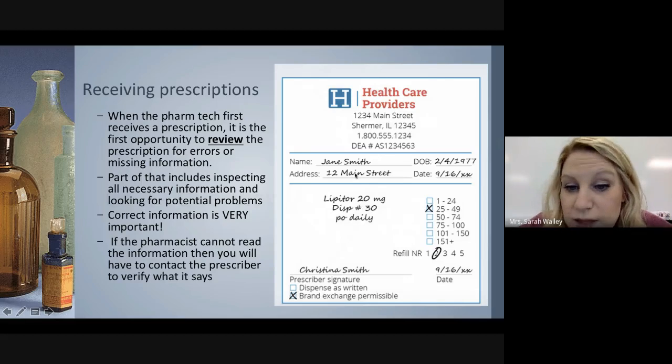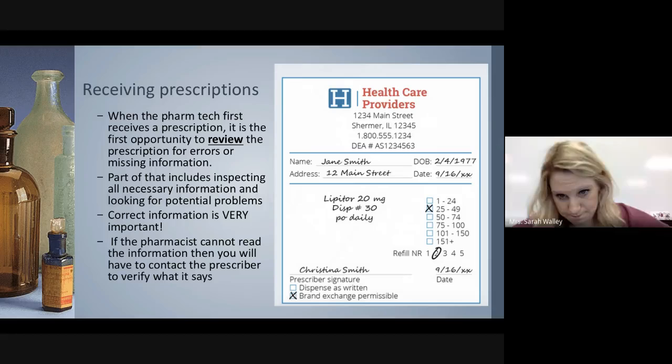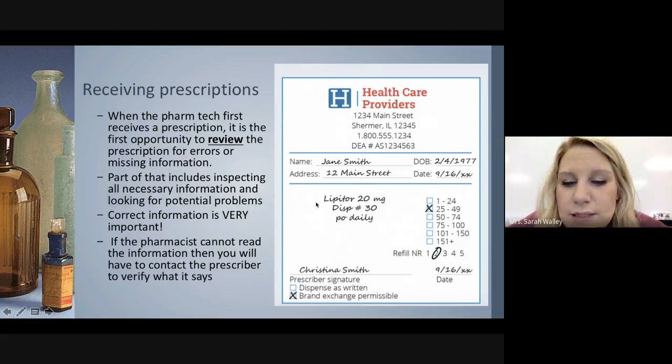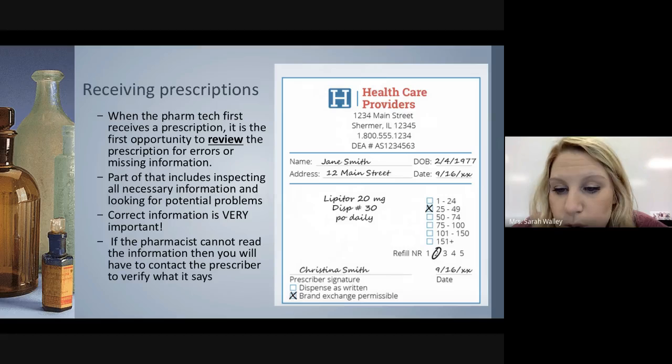Then this is the patient's name, the patient's date of birth, the patient's address, and the date that it was written. That's really important, the date that the prescription was written, because they only last a certain amount of time after they're written. And then, as you can see, down here is the prescription of what the doctor wants for this patient. So Lipitor 20 milligrams.